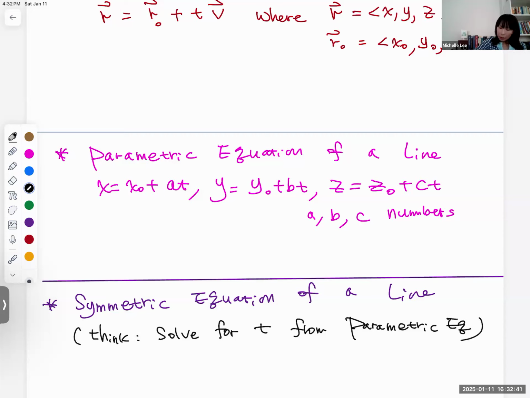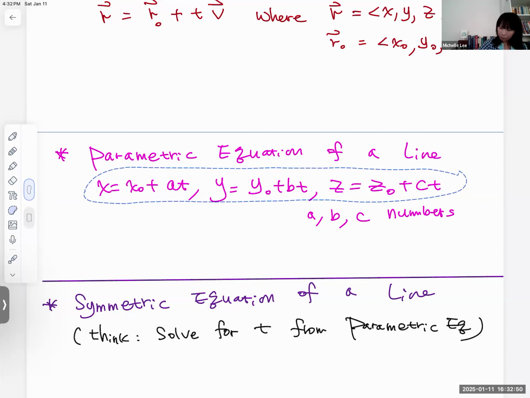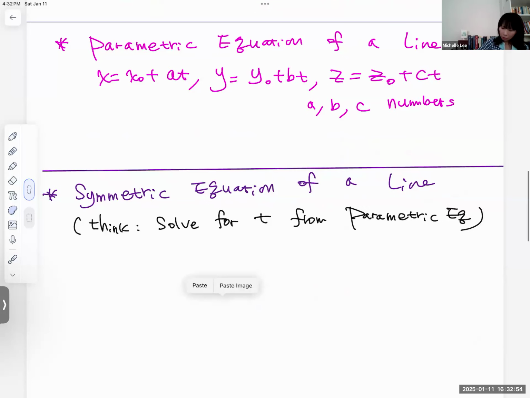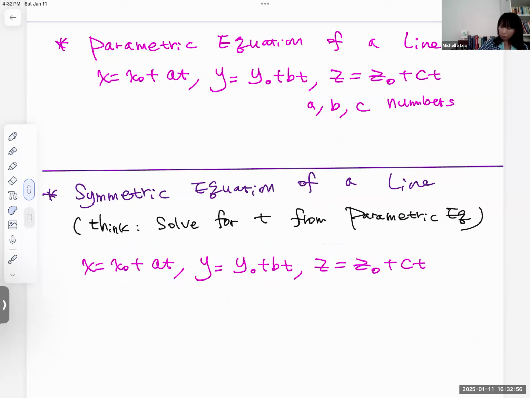All right, so the parametric equations from previously we have like this. Okay, then let's solve for t respectively.